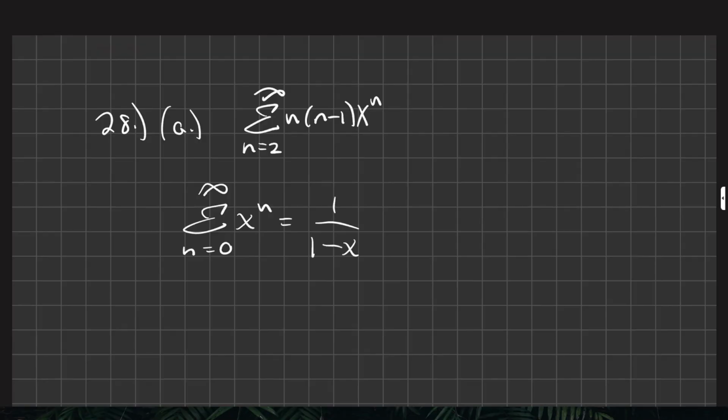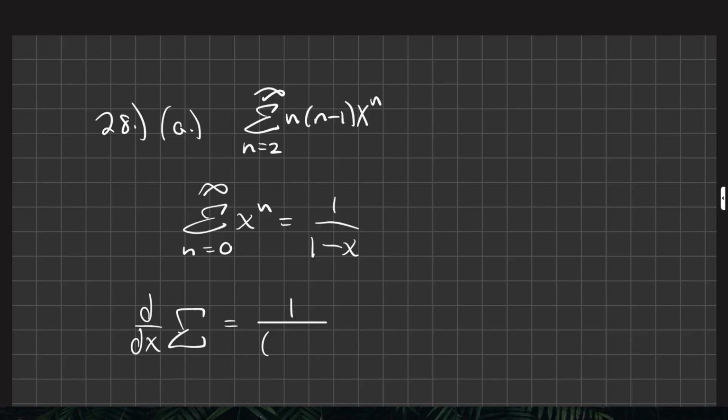The sum from 0 to infinity of x to the n is given by 1 over 1 minus x. And let's differentiate this series term by term. So let's consider the derivative of this. This gives us 1 over 1 minus x squared. So use quotient rule or chain rule, you'll get that.